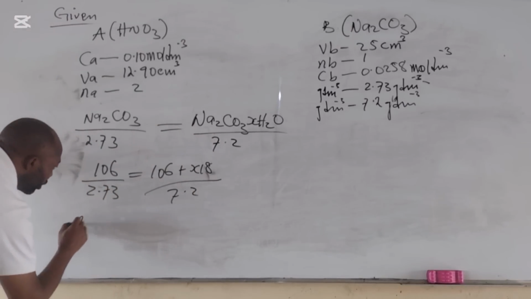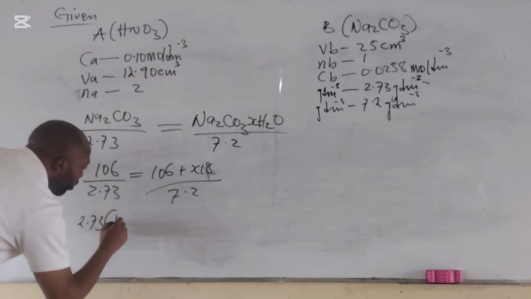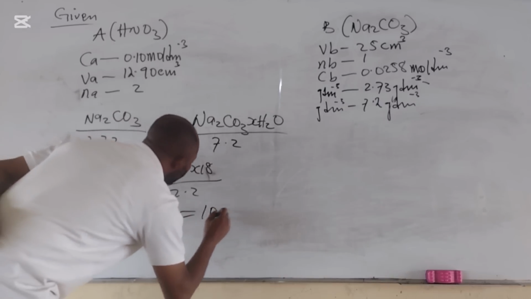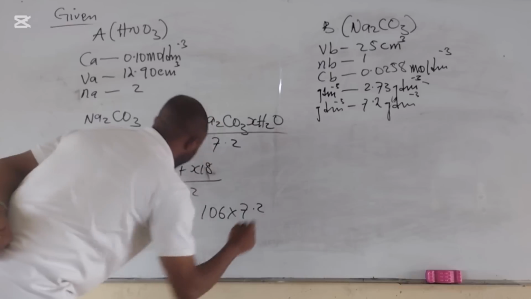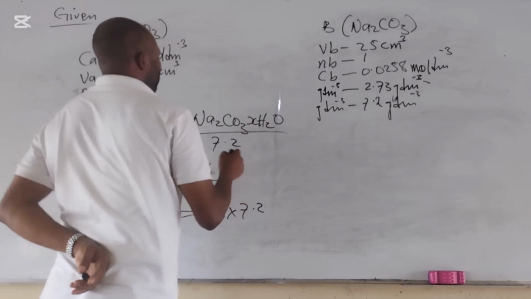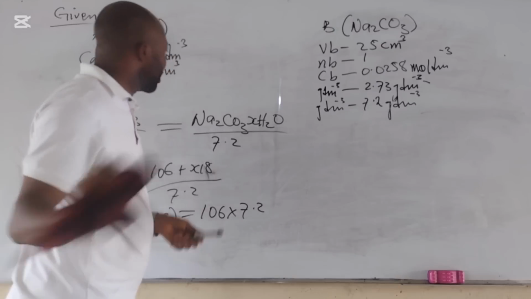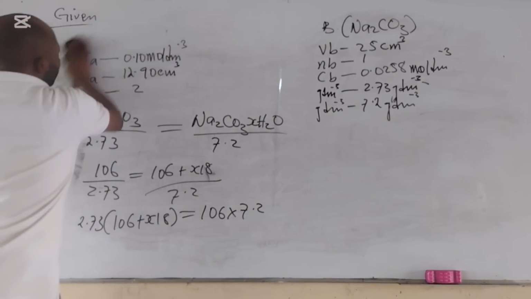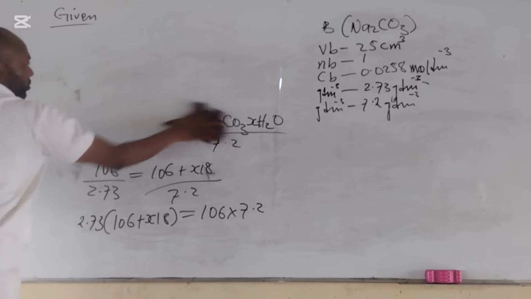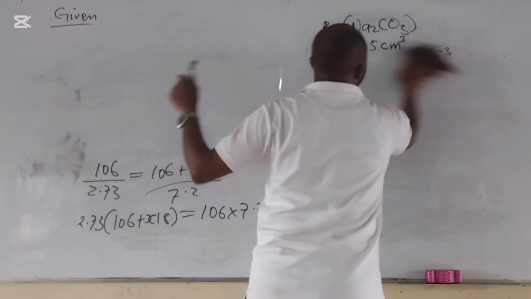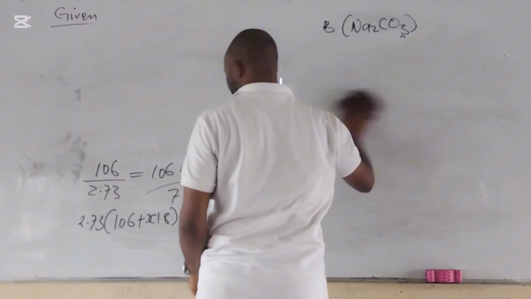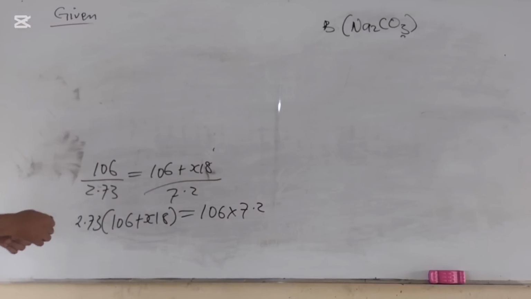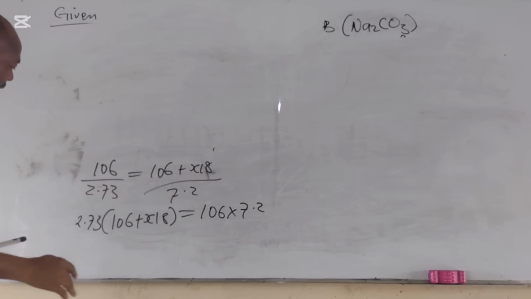So 2.73 open bracket 106 plus 18X close bracket equals 106 times 7.2. Let me take all of these out so that I can take them to the upper side. From here, I have this.